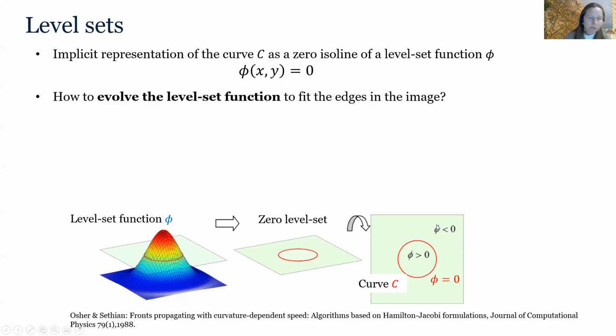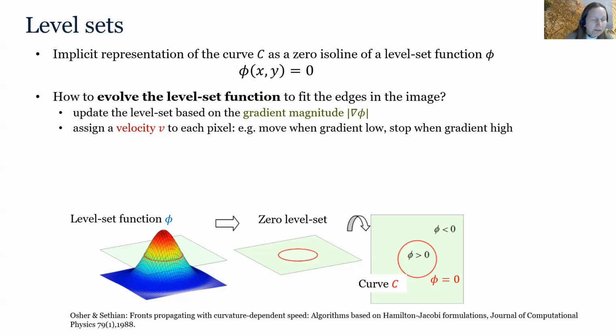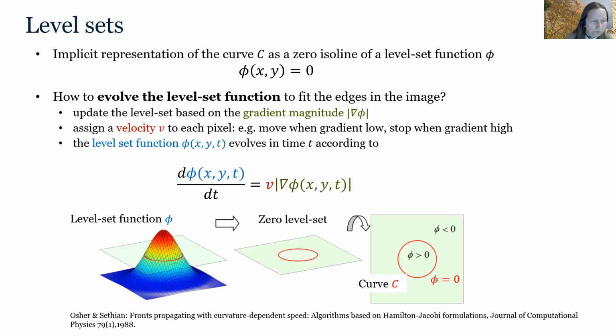Now, how do we evolve this level set function to fit to the edges in the image? The level set function will be updated based on the gradient magnitude of this level set function. So not the image, the level set function. We will again have the velocity for each pixel, and that's exactly the same as we had for the active contours.